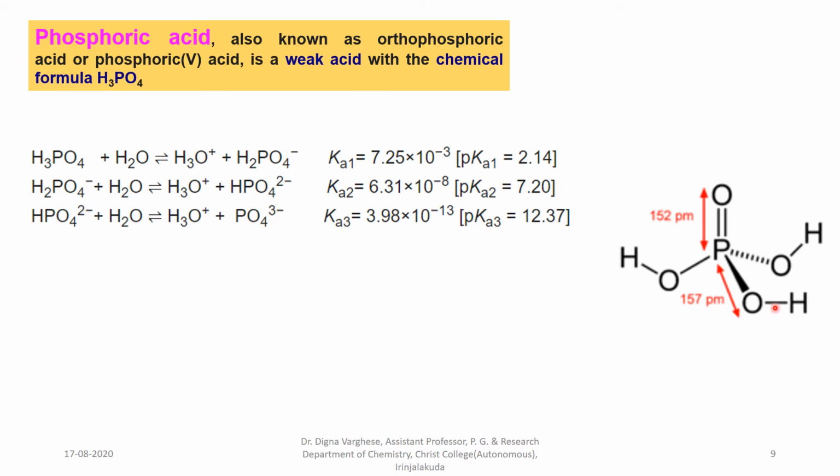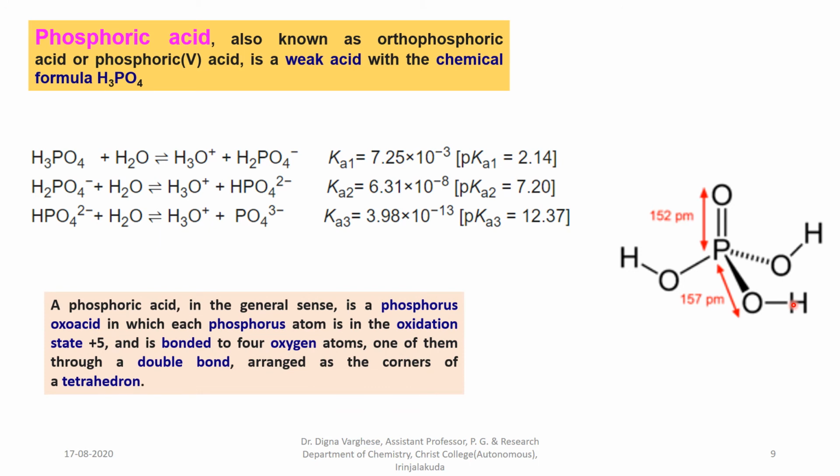So phosphoric acid, in which the phosphorus atom is in the +5 oxidation state, is a tribasic acid and gives 3 series of salts, and it contains 3 ionizable hydrogens, so its basicity is 3.